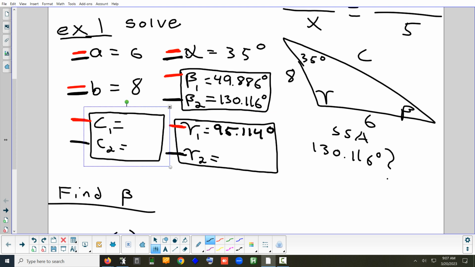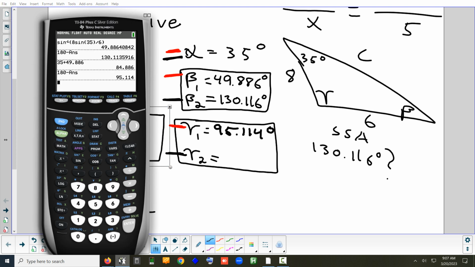Okay, so now we've got all the angles. Now we can find C1 and C2. One of the sides is in the red problem. The other side is in the black problem. Let's start with C1. To find C1, that's a red problem side. You need to use a row that has everything in it, and it has to be a red row.